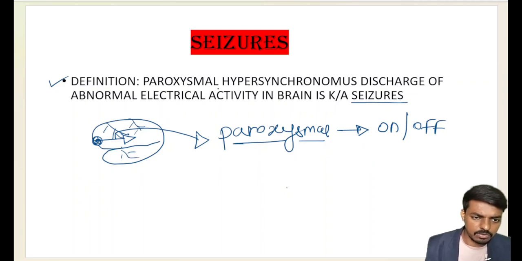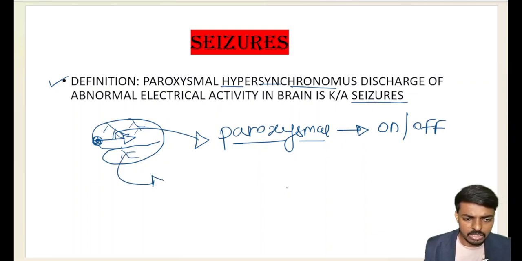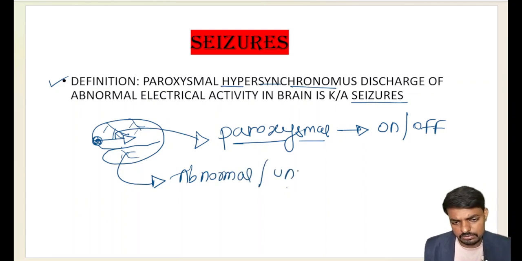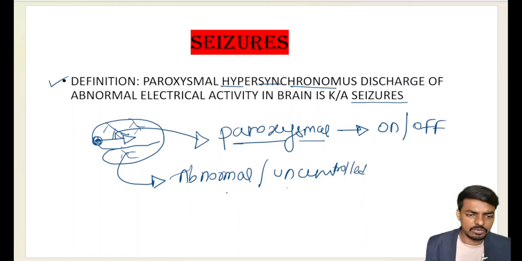Normally the neurons present in our brain release electrical activity synchronously, but hypersynchronous here means uncontrolled and abnormally high, an abnormal and uncontrolled release of electrical activities that may lead to seizure.